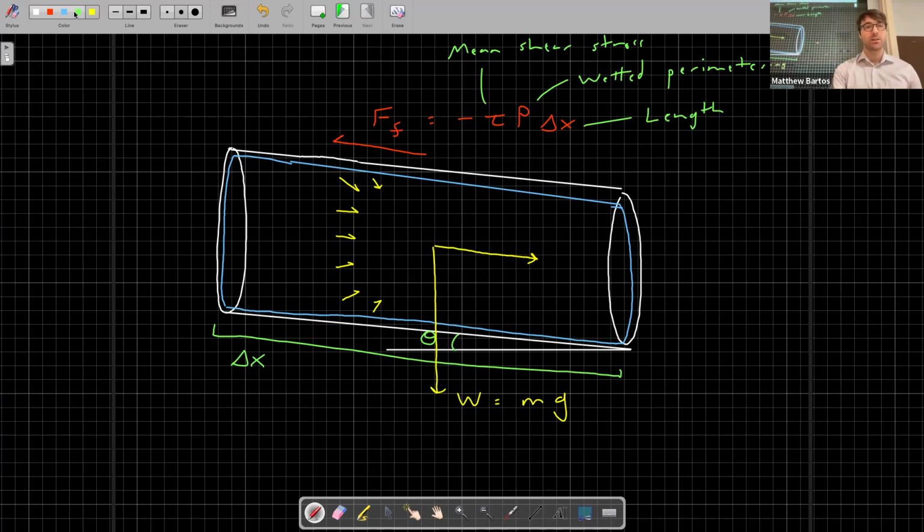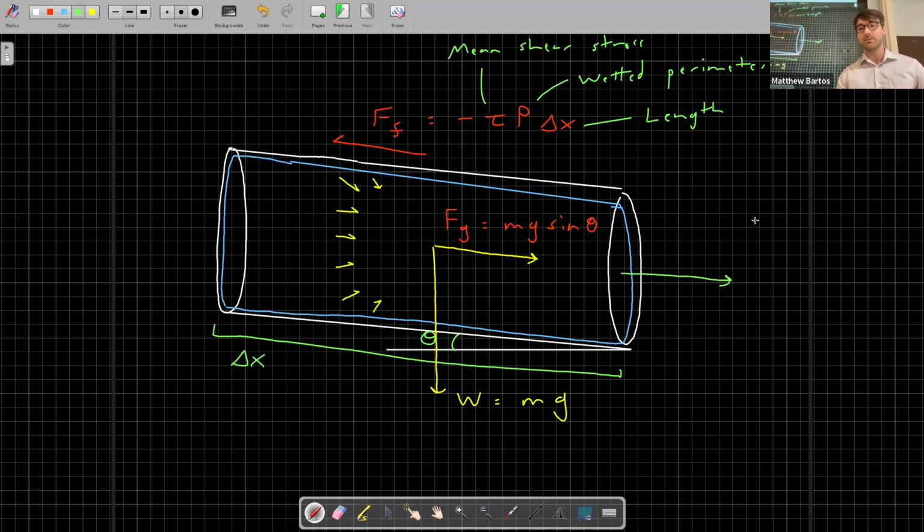I'll call it F sub G for gravitational force. It'll be M times G times something. Close. It'll be sine theta. I always used to get that mixed up in physics 101. But the gravitational force in the direction of flow is going to be M times G times sine theta.